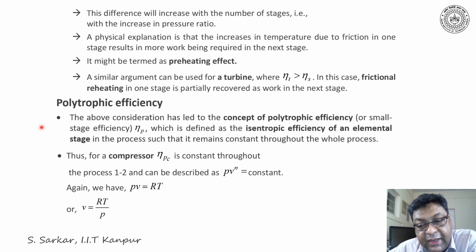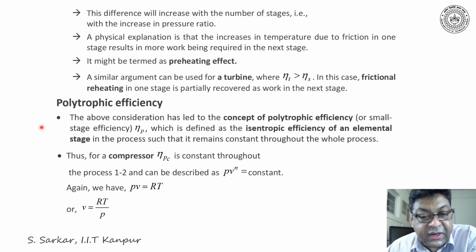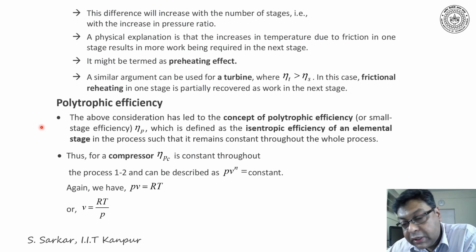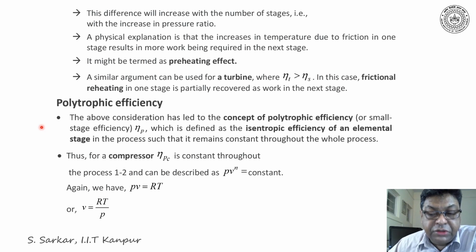Thus, I am considering compression or expansion occurring through a large number of stages where the isentropic efficiency of this elemental stage is assumed constant, and that is denoted by eta P.